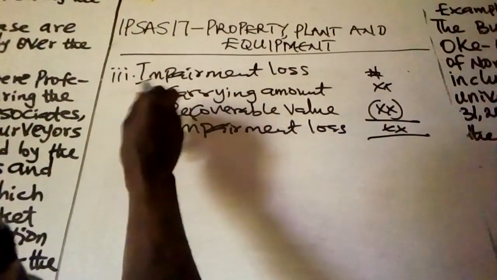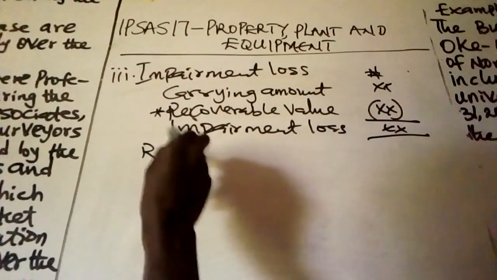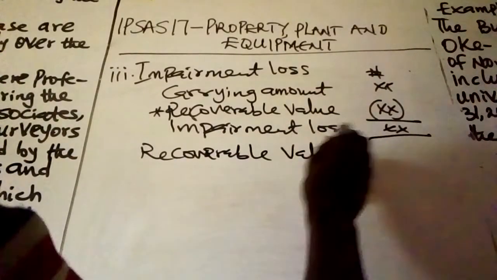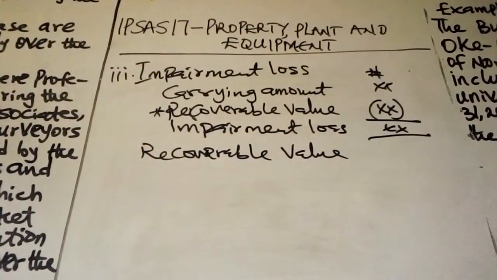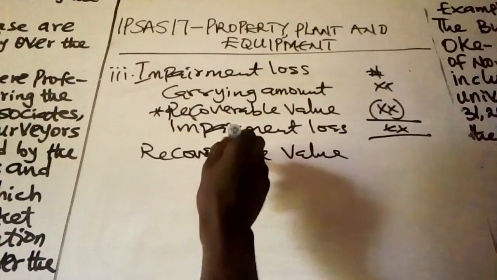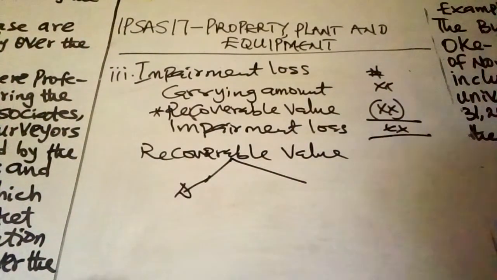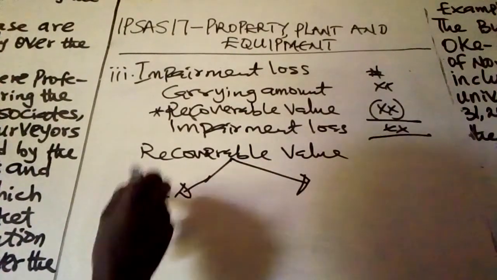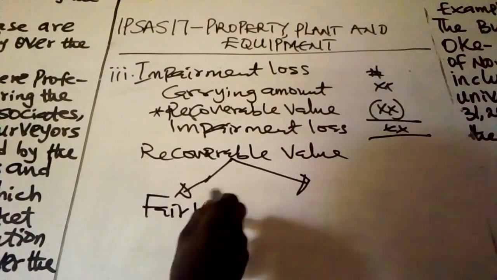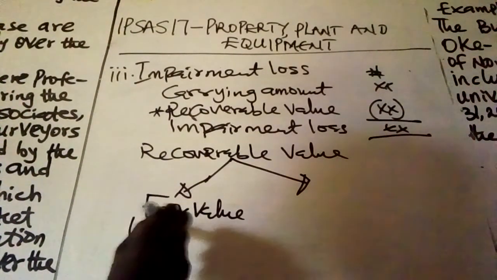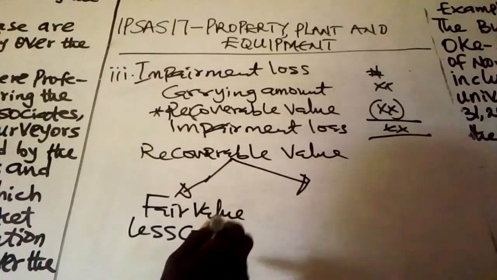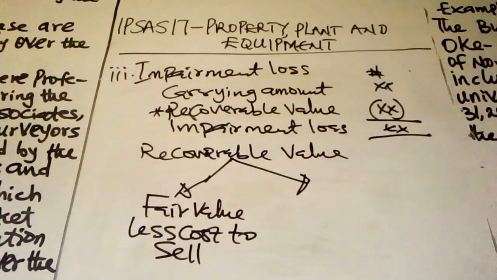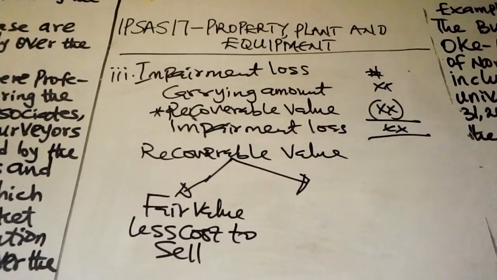Then what do you mean by the recoverable value? In determining the recoverable value of an asset, 2 things have to be considered. Number 1, fair value less cost to sell, that is, less selling expenses, and number 2, value in use.